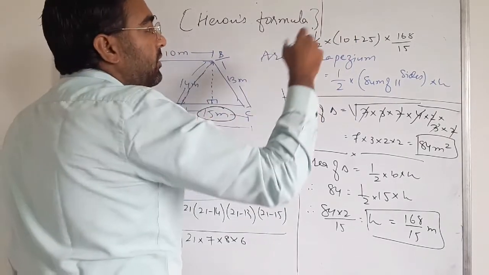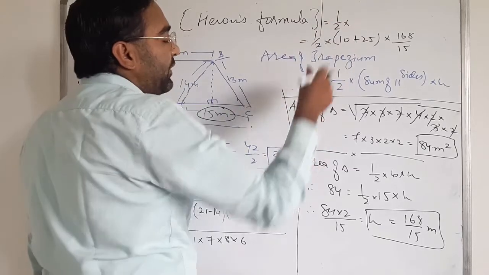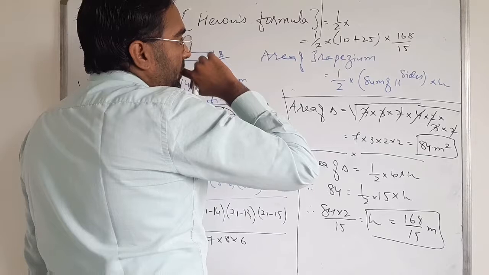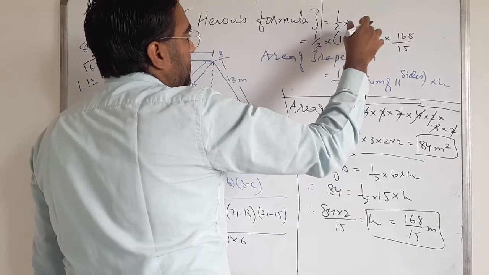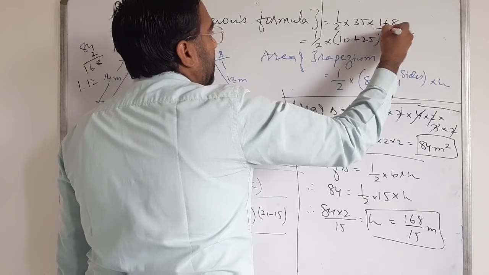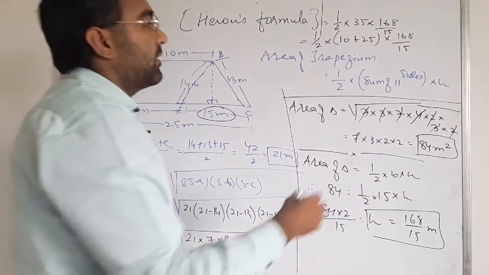So half into 10 plus 25, that is 35, into 168 by 15. So now you have to take cancellation from that, and you get the answer.